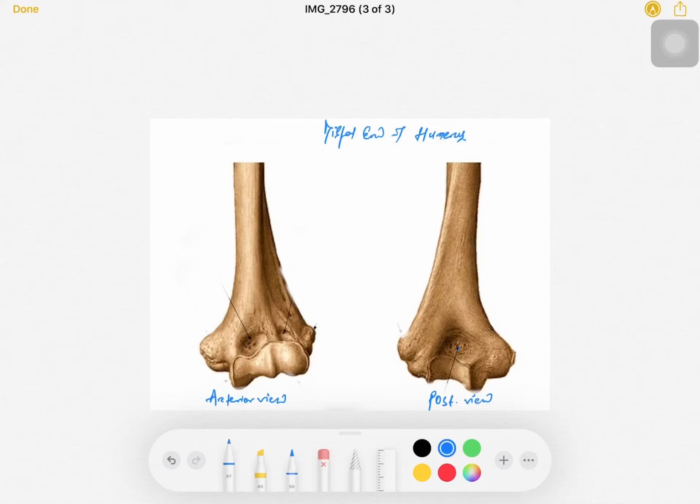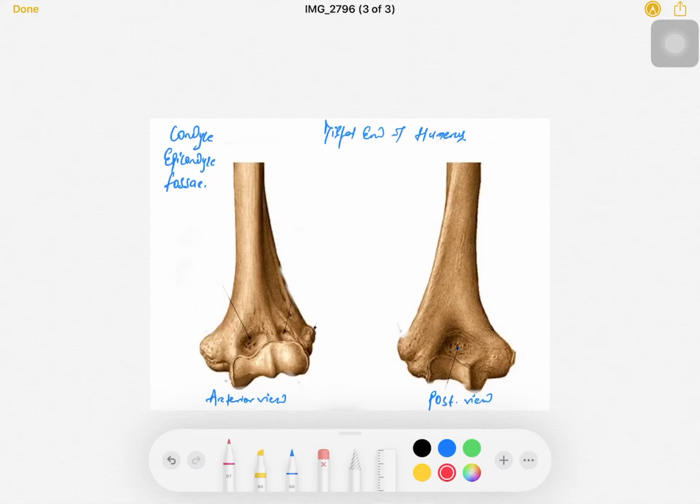Here we will learn there is the presence of condyle, then epicondyle, then fossa. If we talk about condyle, there are two condyles, the capitulum and the trochlea.